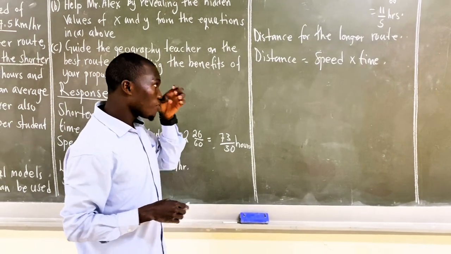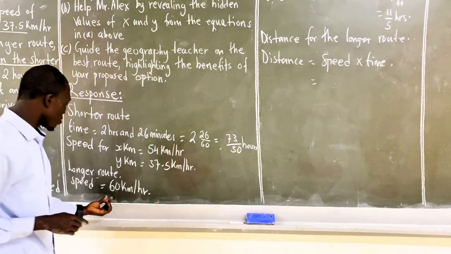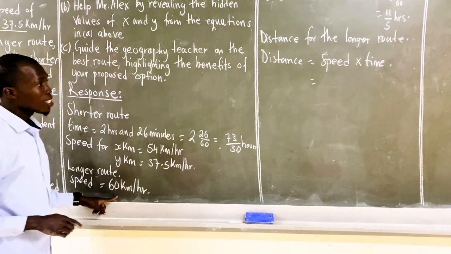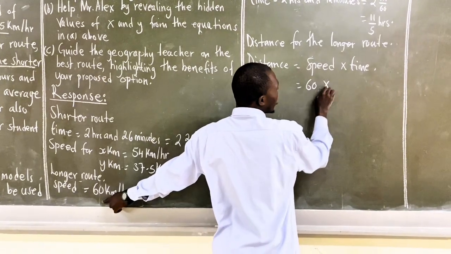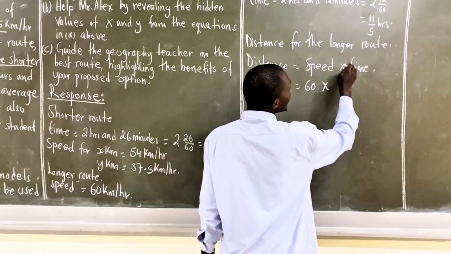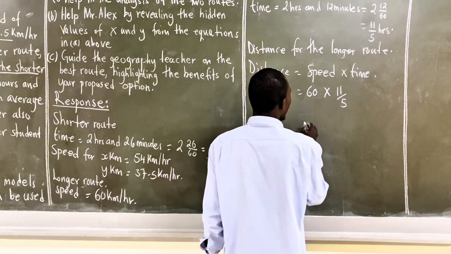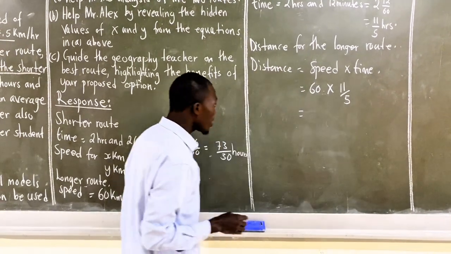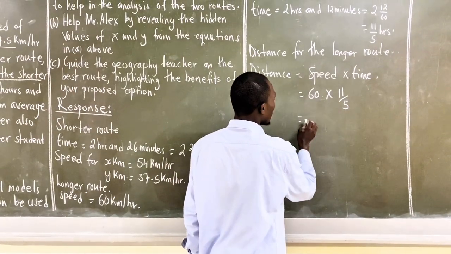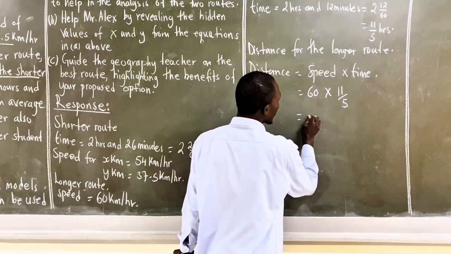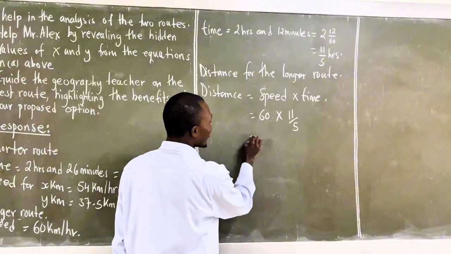So if we do that, what is our speed for the longer route? It is 60 kilometers per hour. So we shall have 60 multiplied by 11 over 5. And this will give us 132.